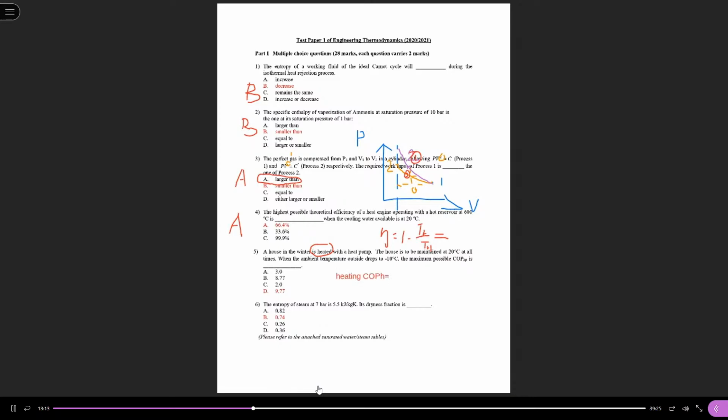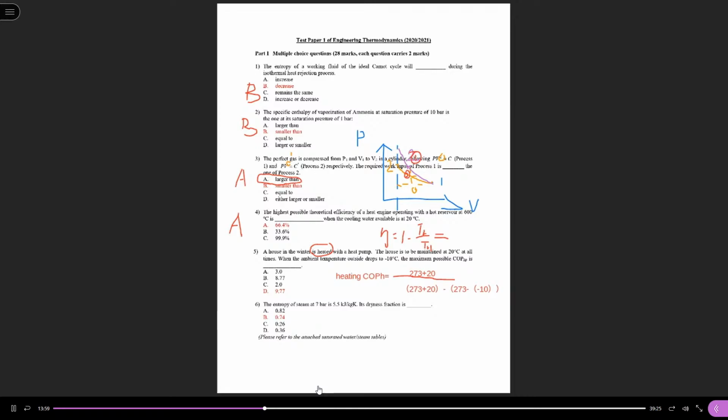So it will be equal to, I think here is... okay. So this is the solution.